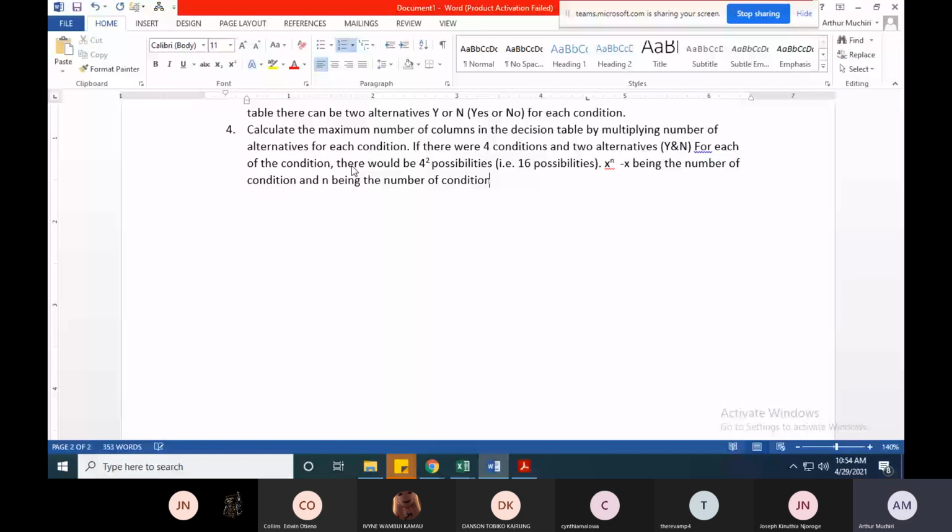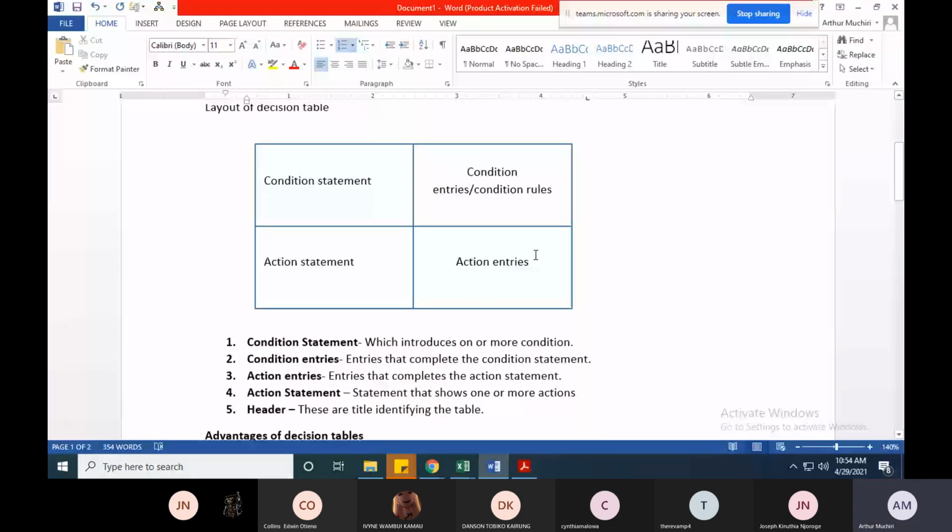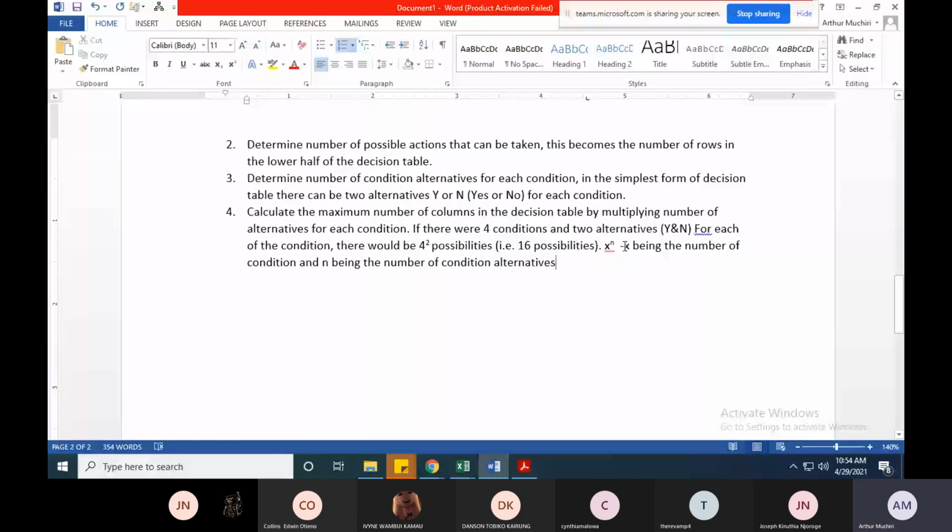This determines how many columns we are going to have in this section. That's what I was told by my lecturer many years ago. It's called the x to power n rule. Some call it the 2n rule, but you may not say 2n rule because not all questions have two conditions.